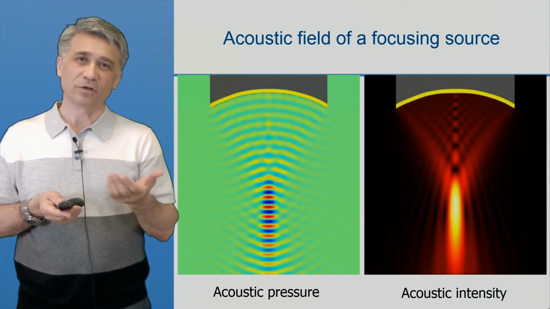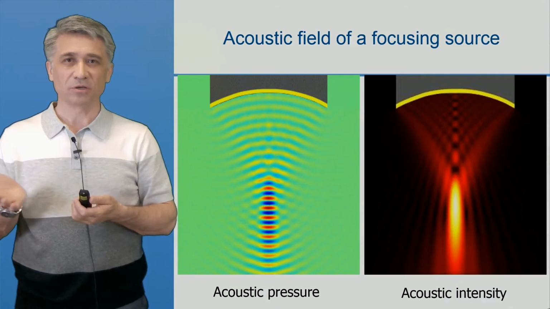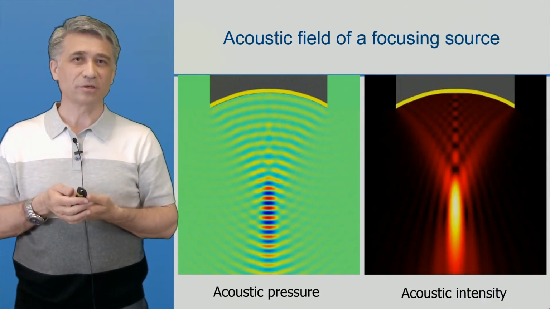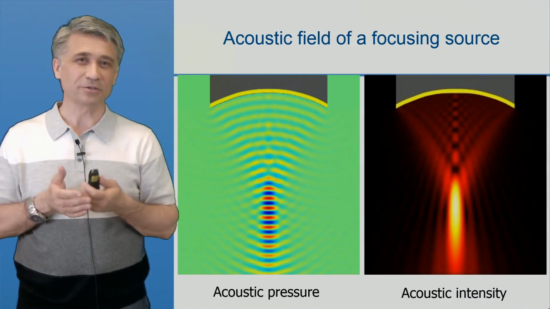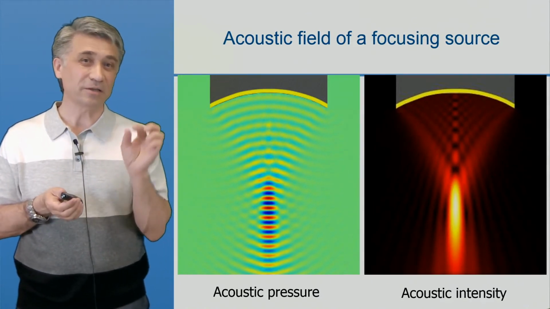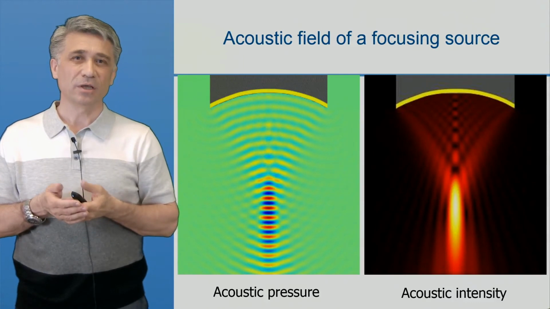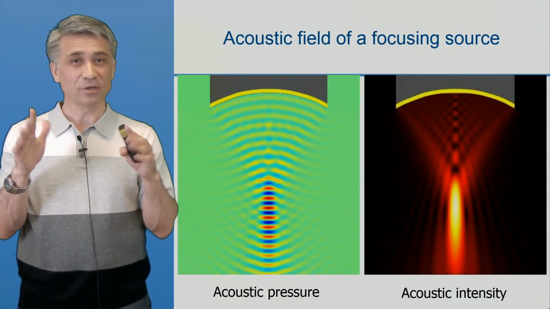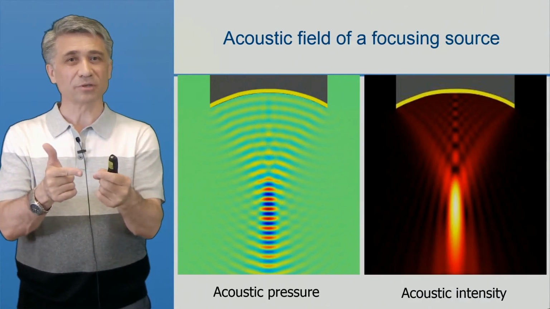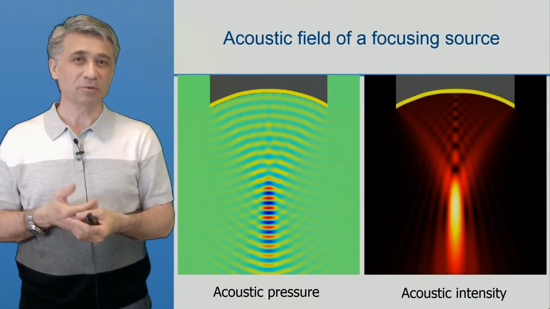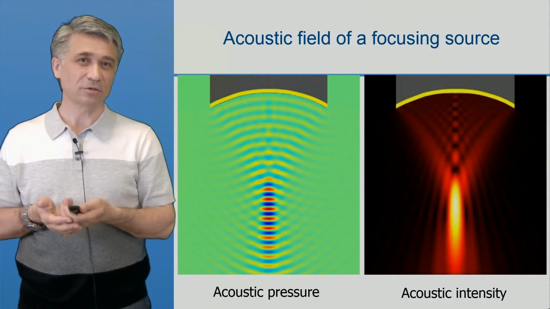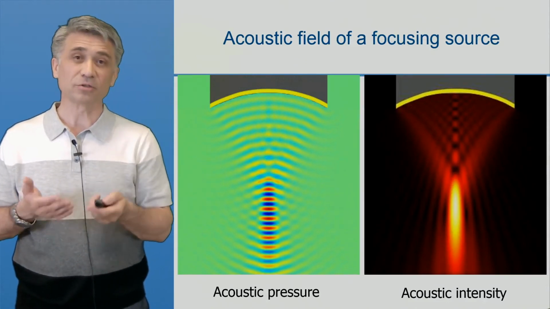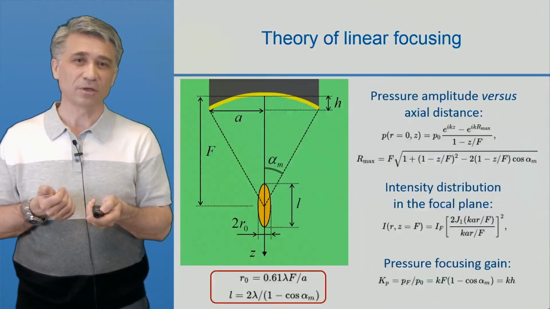In applications in therapy, the size of this region is about the size of a grain of rice. Sometimes this analogy is used, so it's a really tiny millimeter-size spot. And all the energy emitted by the large surface of the transducer is collapsed to this small region. You can imagine how much amplification you would have, and the pressure field is quite intense there. That is why it is called high intensity focused ultrasound.